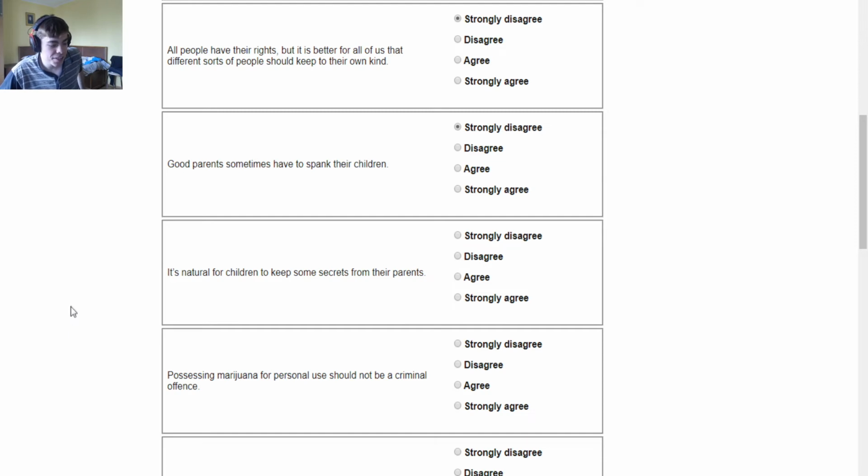The child just associates the parent with safety and comfort, and when you spank them, that's pain and danger, and it creates this disconnection in their brain that can really affect them down the road.